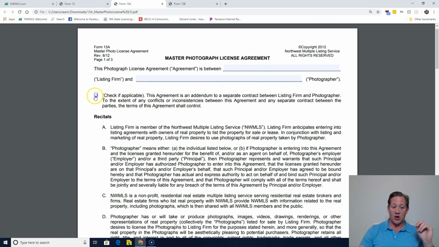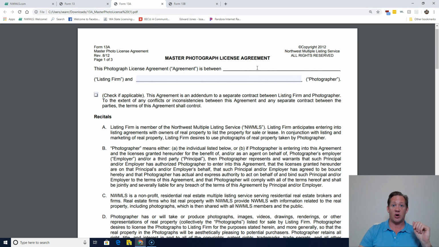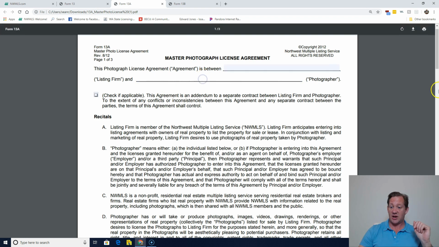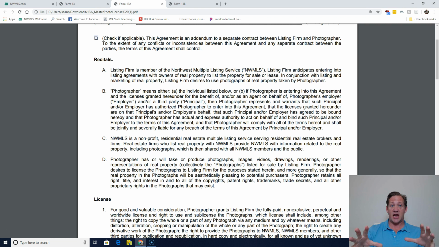You can also check this box if there are any inconsistencies between this agreement and any other agreement you've signed with a photographer; this agreement prevails. That's what checking this box indicates. So you put the name of the listing brokerage there, and then the photographer's name there. The recitals are the same as on the first form, breaking down who's doing what.